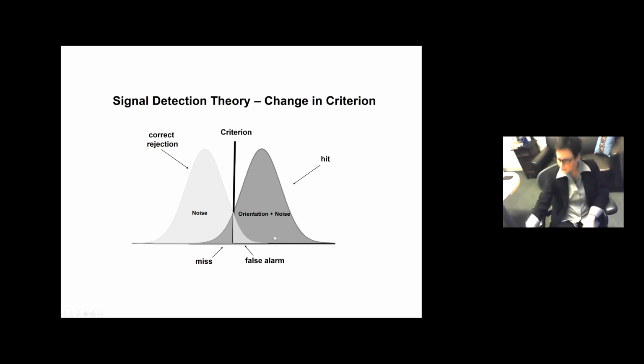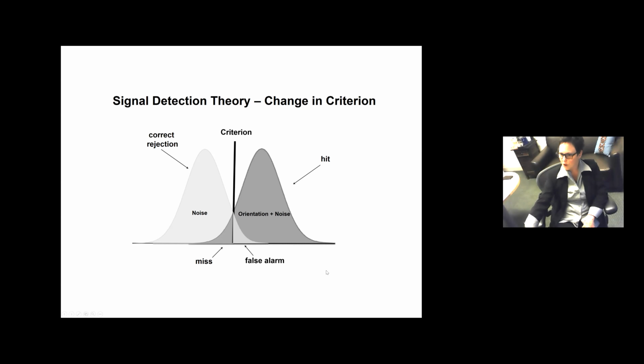In signal detection theory, this was used a number of years ago for sound localization. Do you detect a sound or do you not detect a sound, right? It's traditional psychophysics. And what you can imagine is if there was a stimulus drawn from this distribution, and your decision criterion was right in the middle here, and you were going to say yes to everything that came to the right of this criterion.